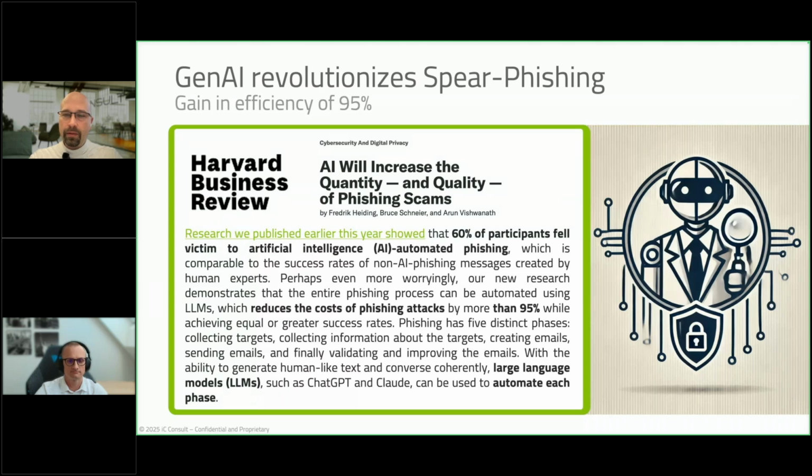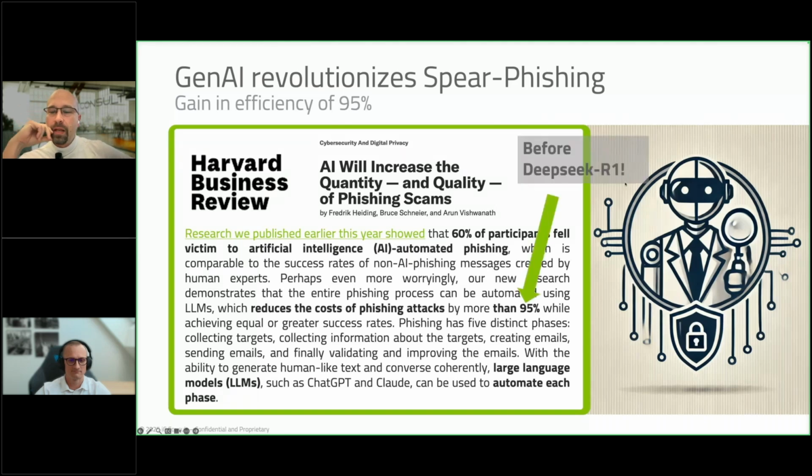And the other aspect that makes it really concerning is that, based on a study from the middle of last year, the effort to build such a spear phishing attack can be reduced by 95% by leveraging GenAI and large language models. And that was, to mention this explicitly, before DeepSeek R1 showed up.